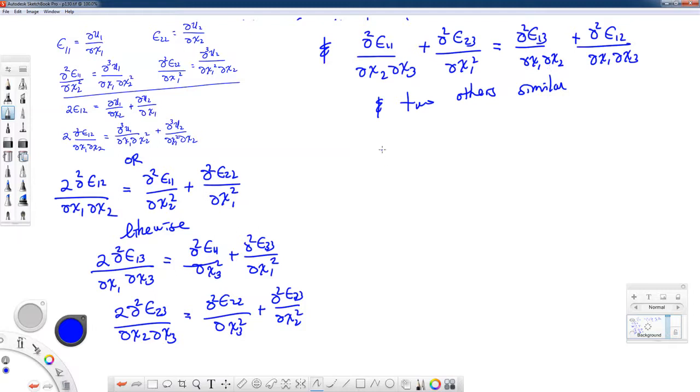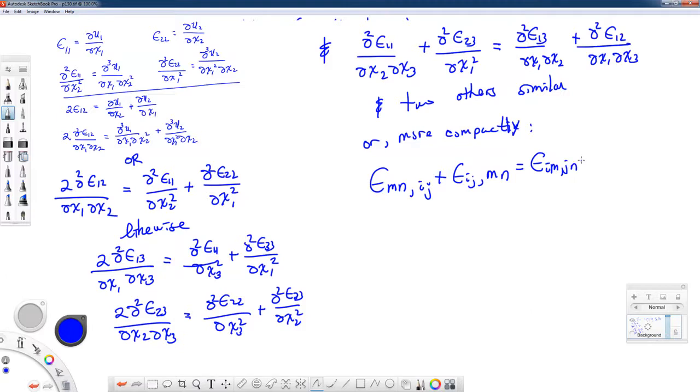Now there's a more compact way to write this in index notation. Epsilon mn,ij plus epsilon ij,mn is equal to epsilon im,jn plus epsilon jn,im.